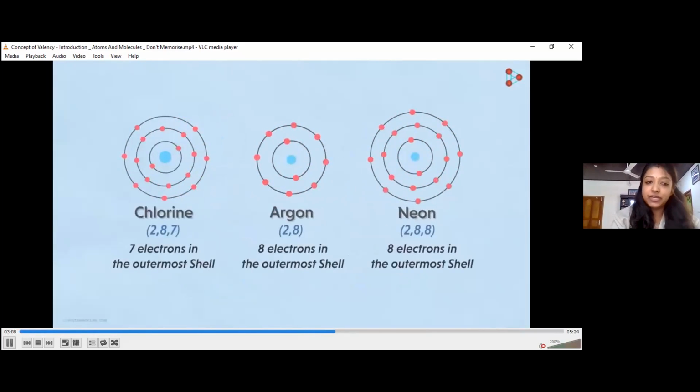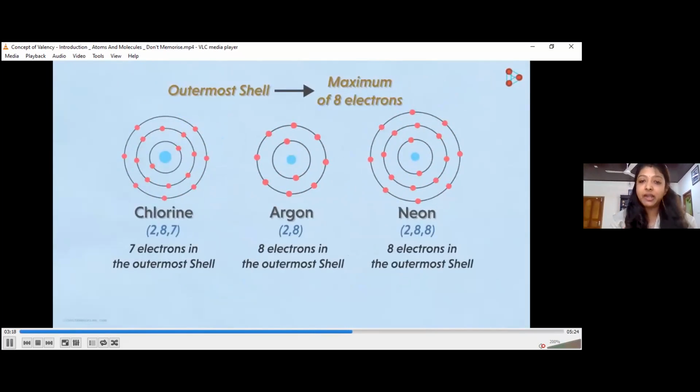We know that chlorine is not stable since it does not have 8 electrons around it, while argon and neon, which have 8 electrons in the outermost shell, are stable. That is, the outermost shell contains a maximum of 8 electrons.